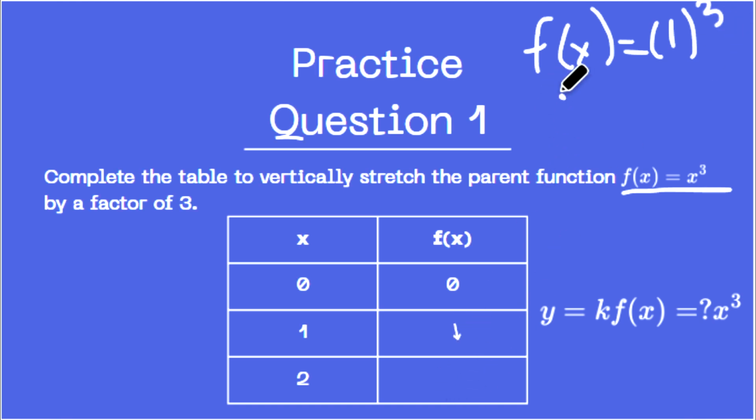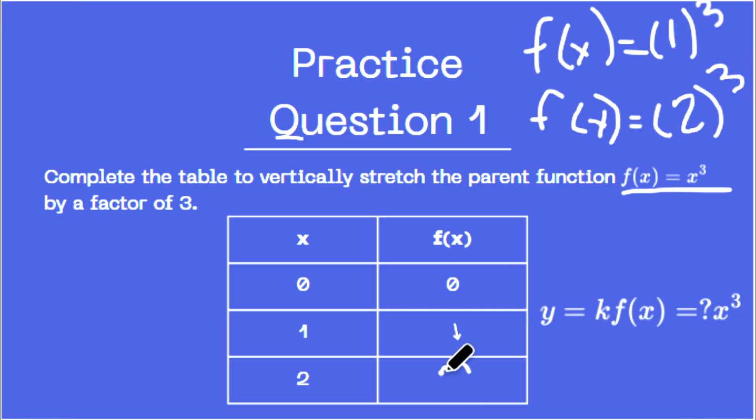If we have f of x equal to our next x value, which is 2, and we cube that, 2 times 2 is 4 times 2 is 8. So there's all of our values. Now it wants to know what goes right here. This is really easy.